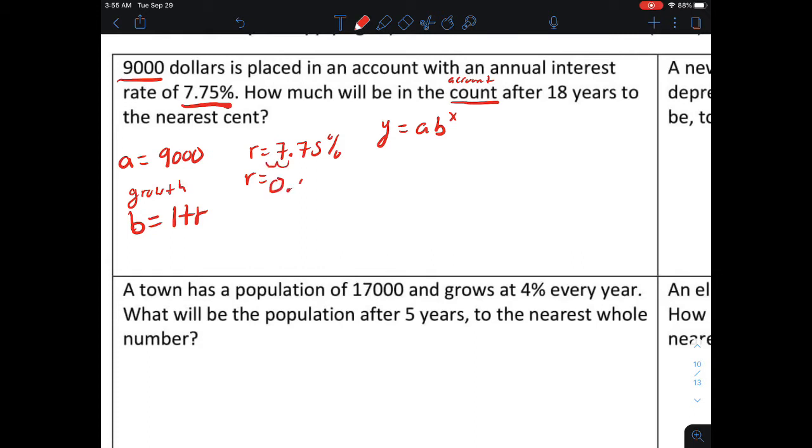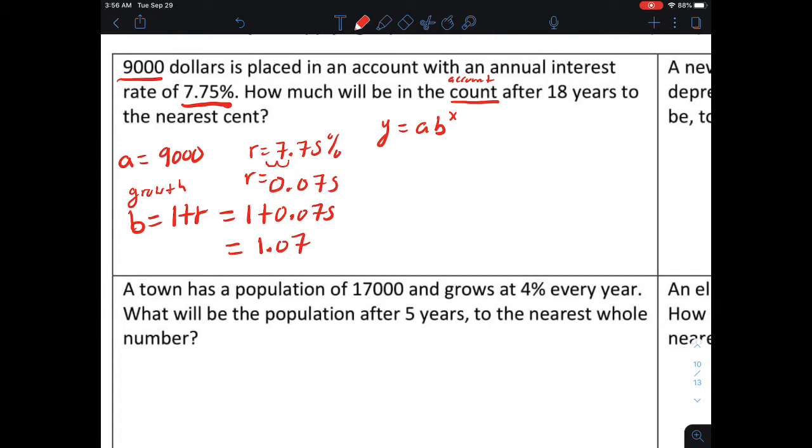So R would be 0.0775, which means that B is going to be equal to 1 plus 0.0775, which means B is 1.0775. So I got B, I got A. I write my equation, which would be y equals 9,000 times 1.0775 to the x power.